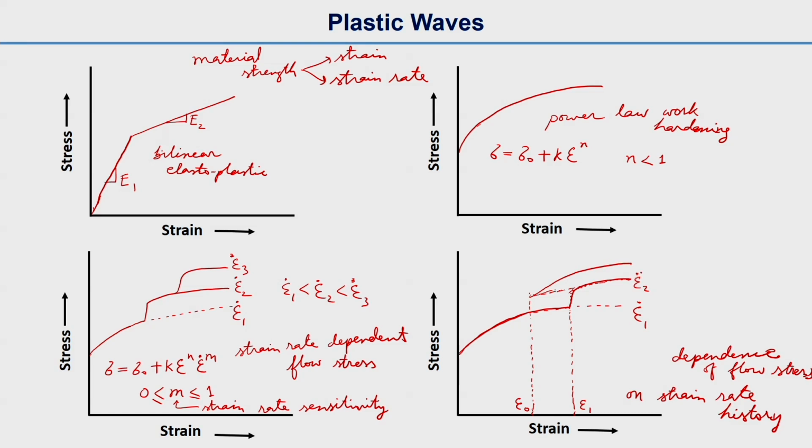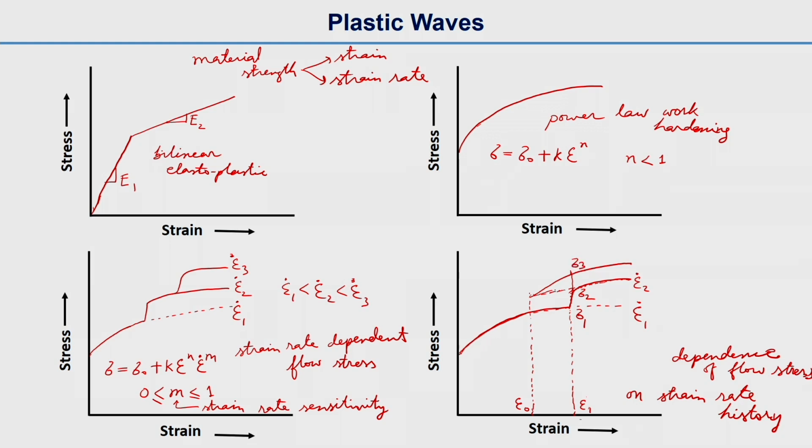So, let us say this is our flow stress. If you see at a point corresponding to strain epsilon 1, here the flow stress is sigma 1, here the flow stress is sigma 2, and here the flow stress is sigma 3.